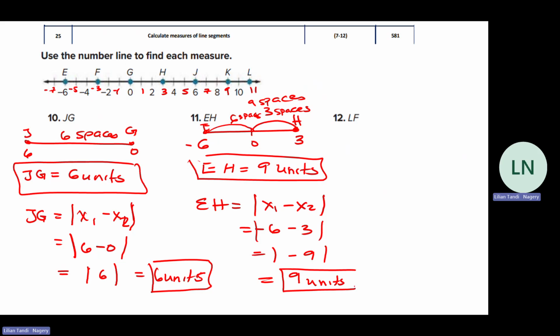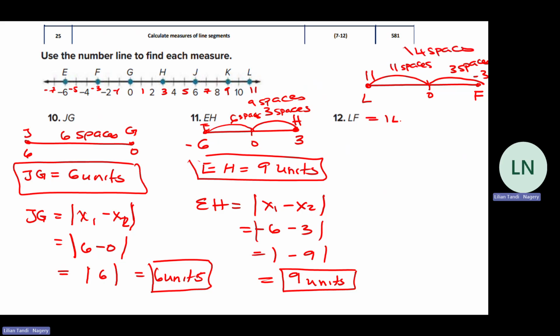And you box your answer. L to F. Draw the line. This is 11, because this is L, this is F, this is negative 3. There is a 0 in between these two numbers. So this is 11 spaces plus 3 spaces. That gives us 14 spaces.